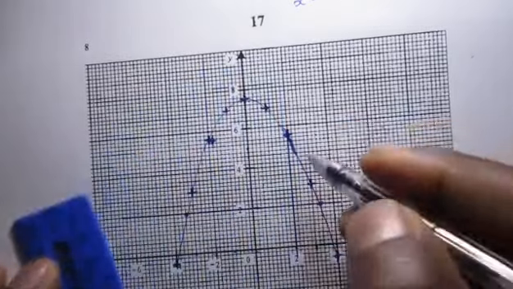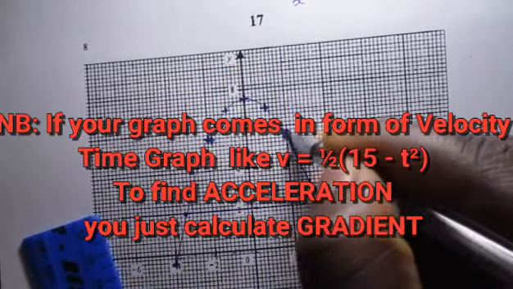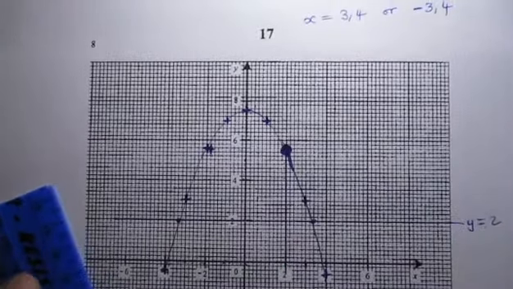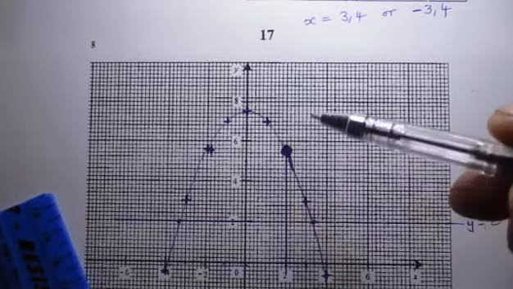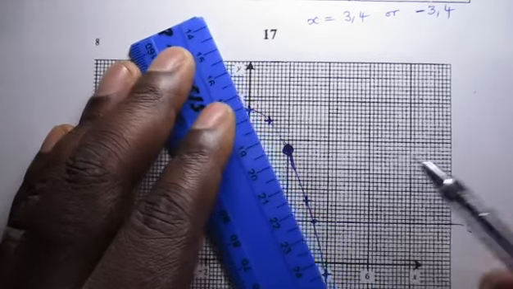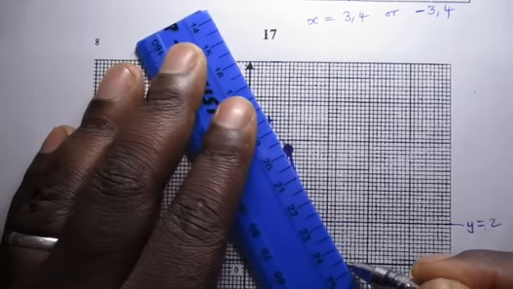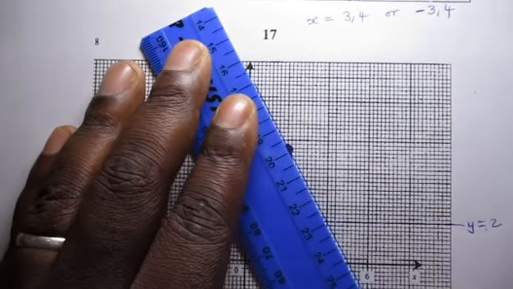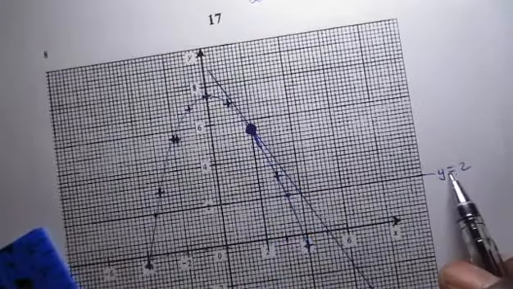At the point of intersection between this vertical line and your graph, you put a spot so that you draw a tangent which touches this spot. I hope you are following, class. So I want to draw my tangent here, something like this. So this is a tangent.